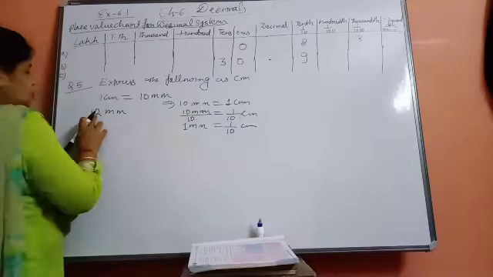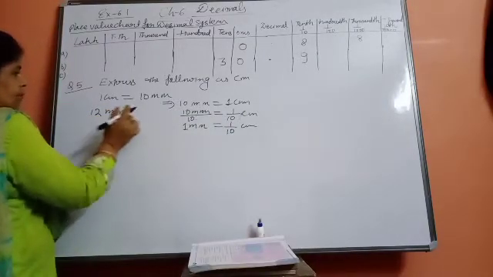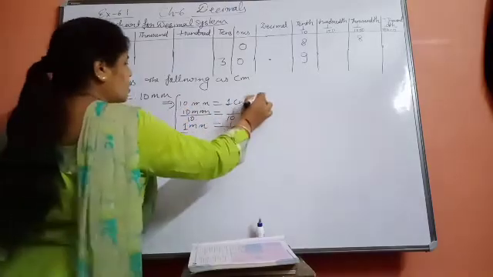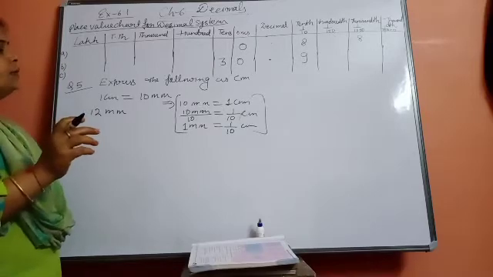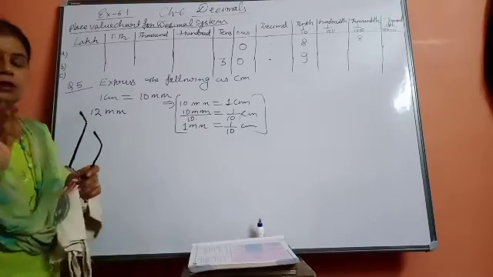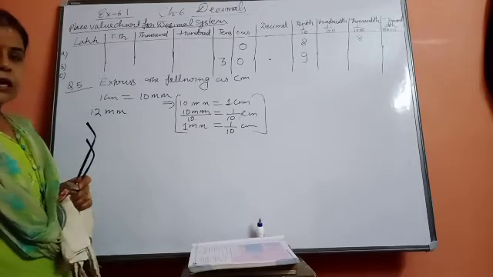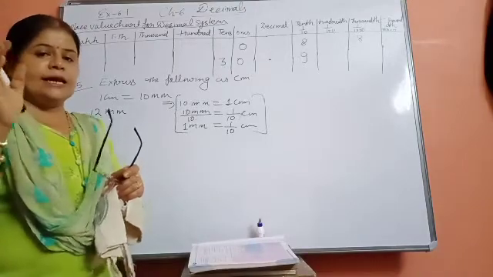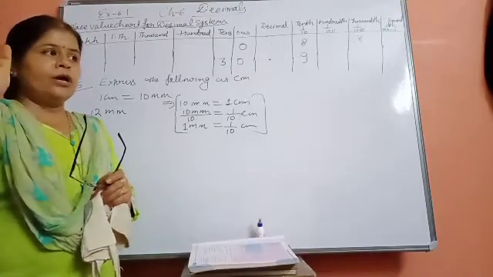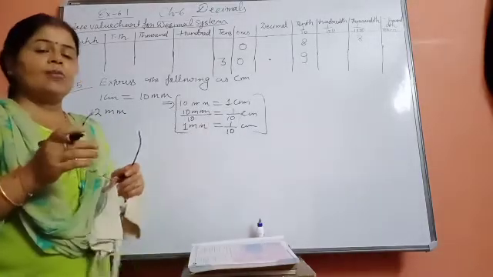This is the formula we made. I also taught you the table in the last class, in class 5, with milli, centi, deci, 1, deca, hecto, kilo, and how to convert millimeter into centimeter, kilometer into meter.